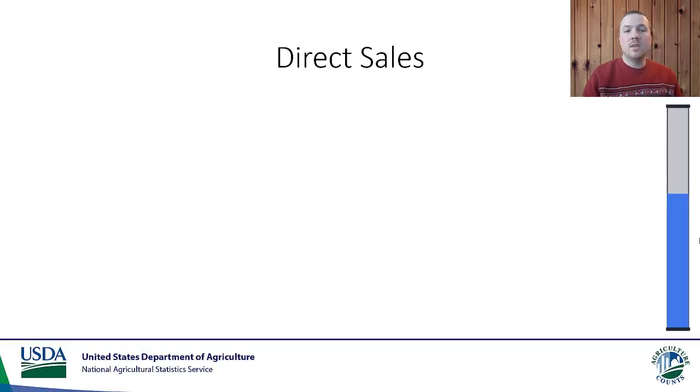Section E continues with direct sales on the CRR version questionnaire. Direct sales is a subset of the commodity sales reported elsewhere, meaning the dollars should overlap.